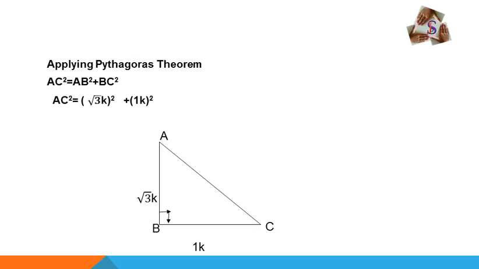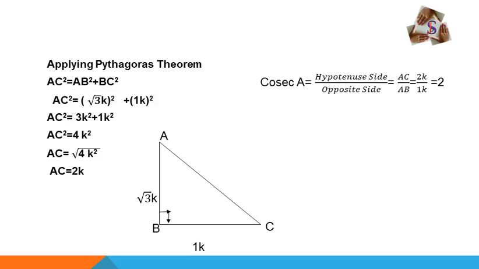So AC square is equal to root 3k whole square plus 1k whole square. Root 3k whole square is 3k square plus 1k square. So AC square is equal to 4k square. AC is equal to root over 4k square. AC is equal to 2k.